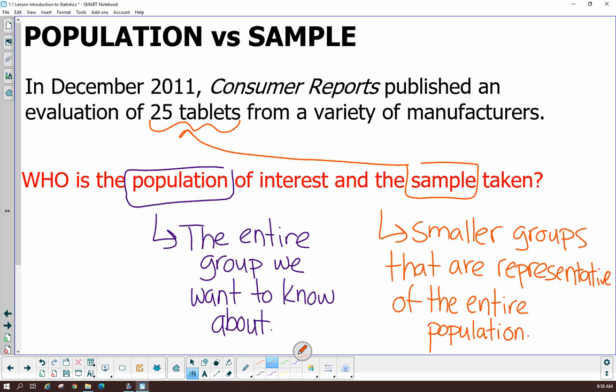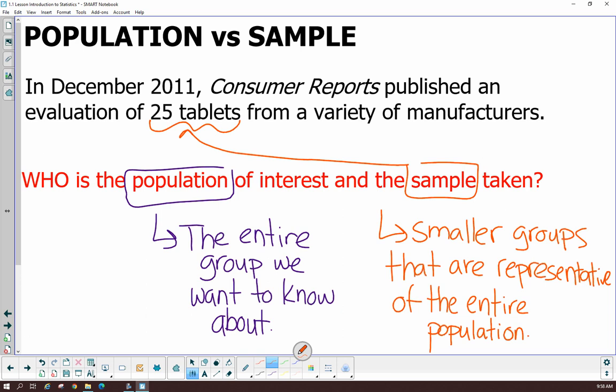The population that we are interested in knowing about is probably tablets, any tablet that exists. And we would probably want to be careful with how far we went with that, because maybe there are different types of tablets. But the 25 tablets is a sample of a larger population of tablets that we want to know about.